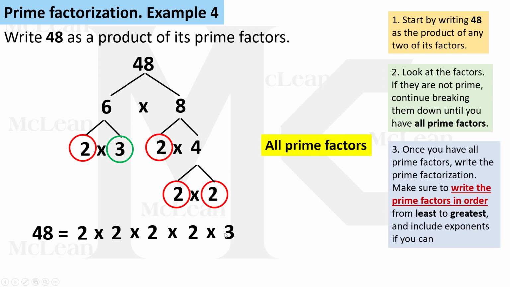If you multiply these together, you'll get 48. 2 twos are 4, 2 fours are 8, 2 eights are 16, and 3 times 16 will give you 48. Good.